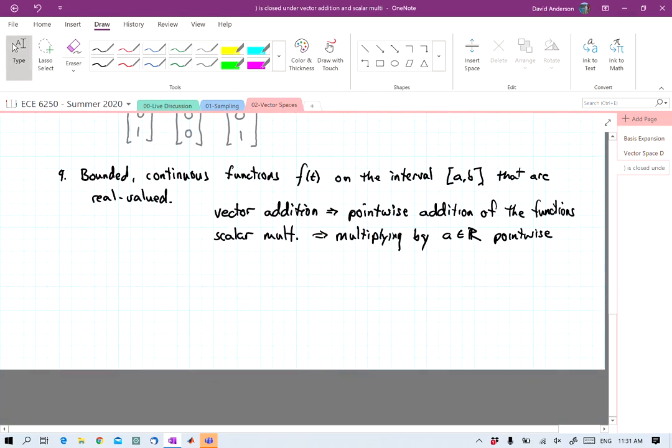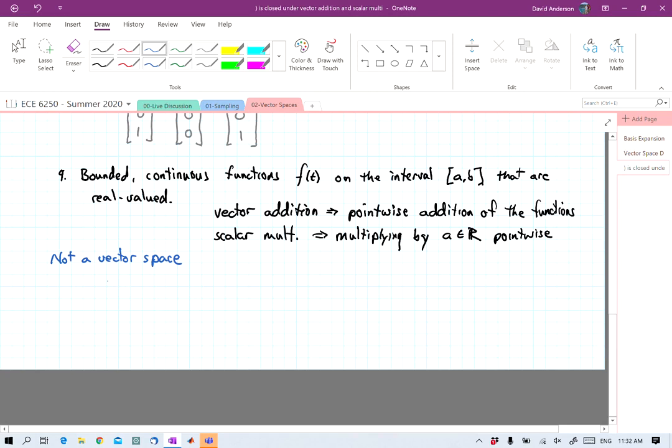that's a good example. So here's one that is not a vector space, just for contrast.